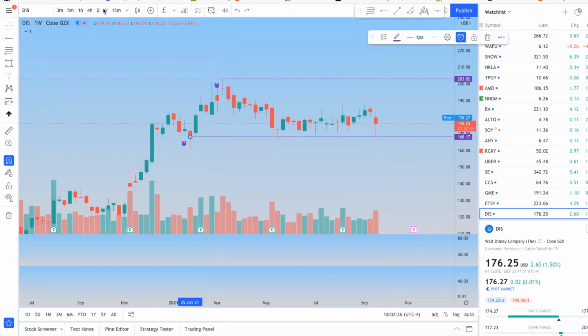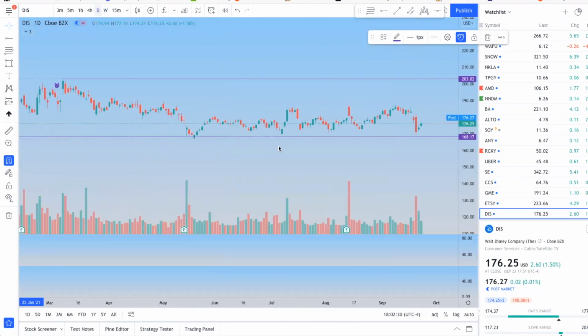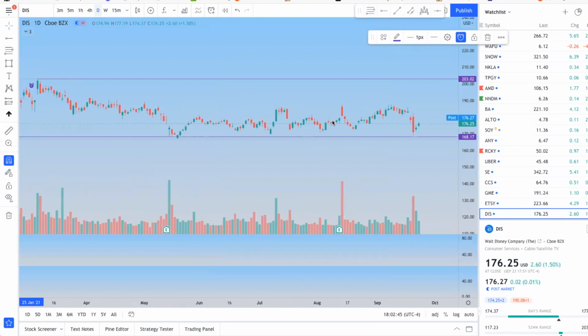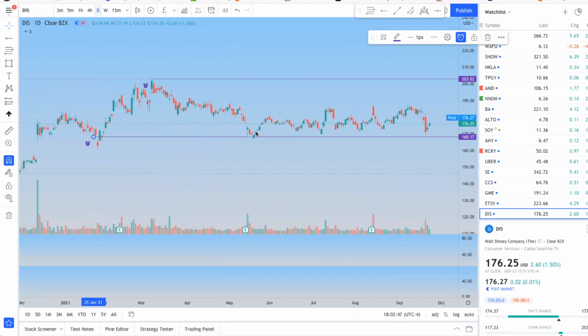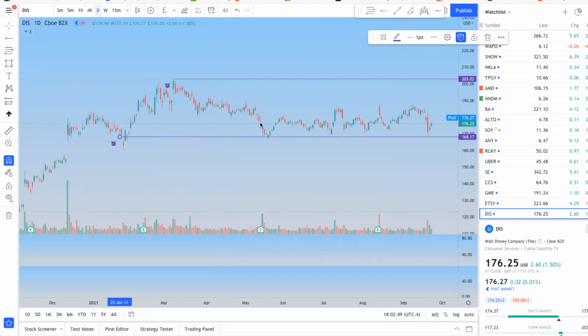Once you did that, I switch to daily. As always, and I've said it many times, have a plan. Don't jump into a stock because it looks good or because it was up for the last 3 days. You have to have a plan. You have to have levels and alerts, right?